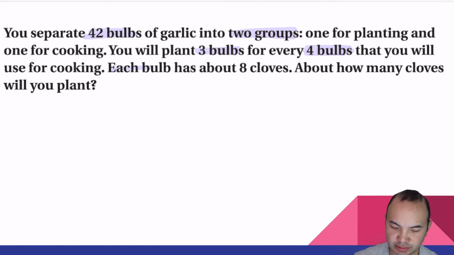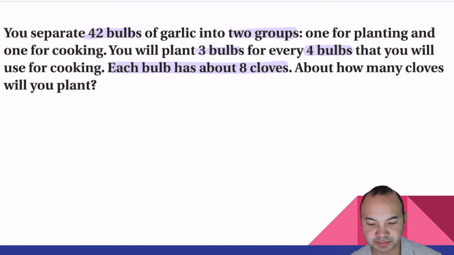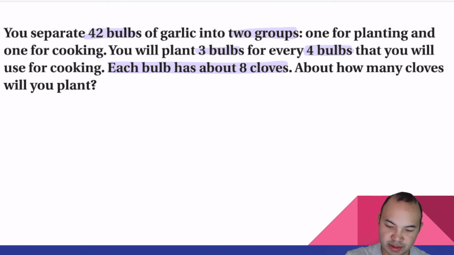Okay, so that's a lot of information here. So let's start to think about what's happening. How many cloves will you plant? Okay, so there's 2 groups. You will plant 3 bulbs for every 4 bulbs that you will use for cooking. So planting is 3. So I'm going to say plant. You're going to have 3 bulbs.